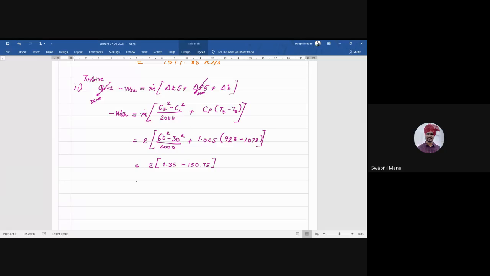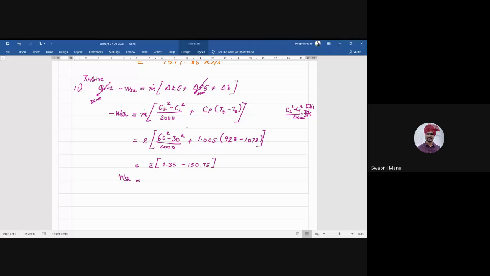Sir, I had one doubt. Yes. Dividing by 2000, so rate. When we put C2 square minus C1 square by 2, the answer comes in joules per second. That is why we multiply by 1000 here, so that our answer gets kilojoule per second.